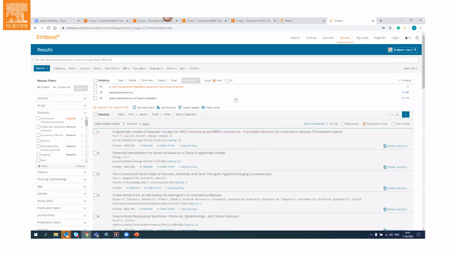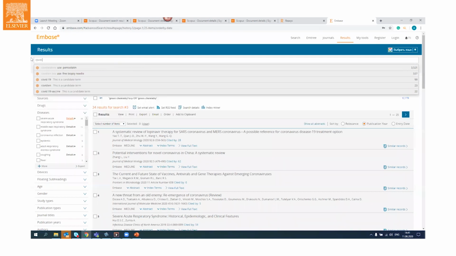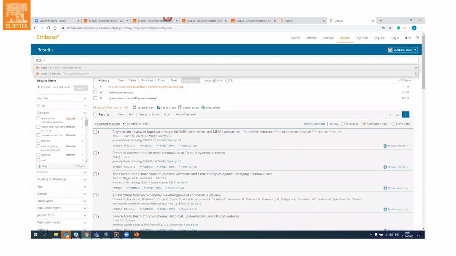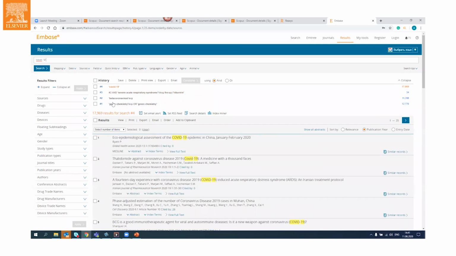Coming back to COVID-19. Right now, COVID-19 is a candidate term, but even despite this, you can find a huge amount of information about it. Almost 18,000 articles focused on COVID-19.